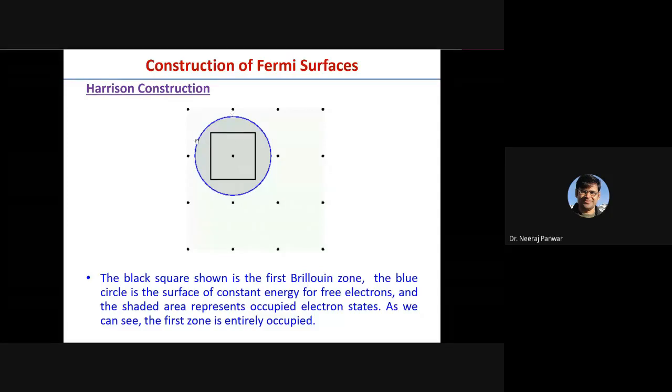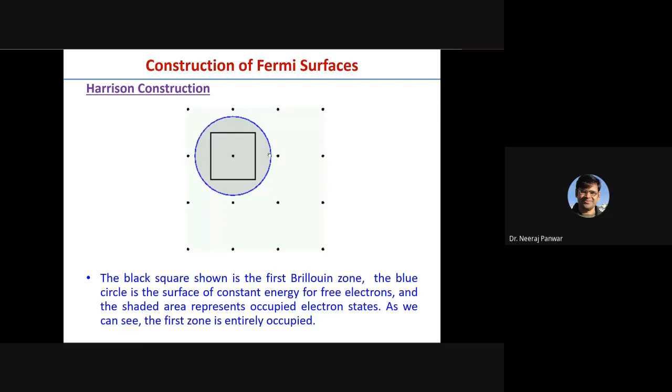So we try to understand it in more detail. We have a square lattice in which we have noted down all the reciprocal lattice points. We take a reciprocal lattice point and construct the first Brillouin zone, and we draw the Fermi circle around this lattice point.